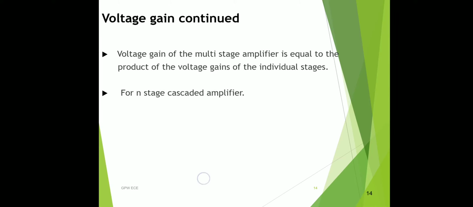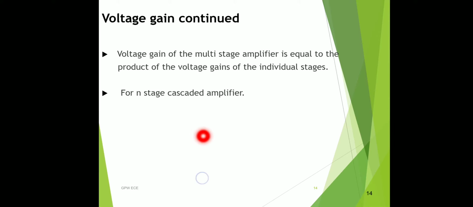Now we will see how the voltage gain can be calculated in a multi-stage amplifier. For a single stage, the voltage gain is the ratio of output to the input. But in a multi-stage amplifier, there are more amplifier stages, so the gain is equal to the product of the voltage gains of the individual stages.